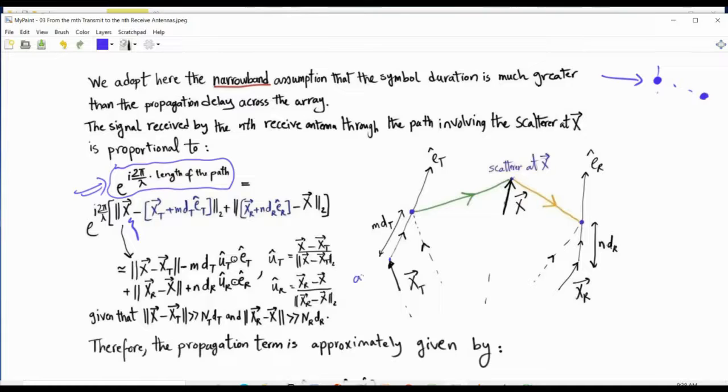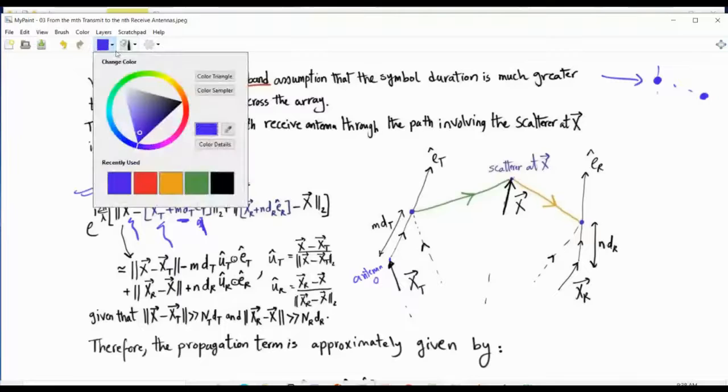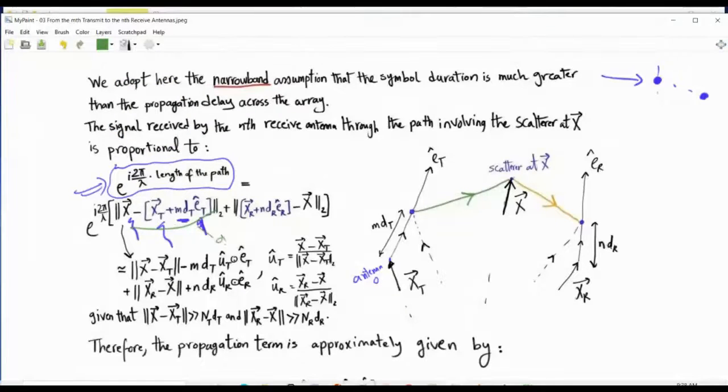The position vector of antenna 0 is x sub T, and so basically the position vector of the nth antenna: you go from the origin to antenna 0, so that's x_T, and then you travel a distance n d_T along the direction of the antenna array, which is characterized by the unit vector e_T. So you start from the origin to antenna 0, and then you go a distance n d_T in the direction of e_T. The difference between these two vectors is simply the green vector.